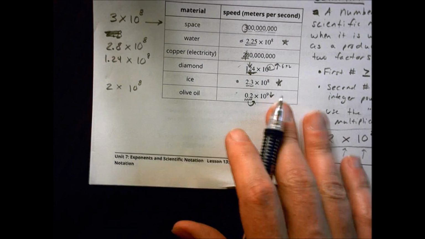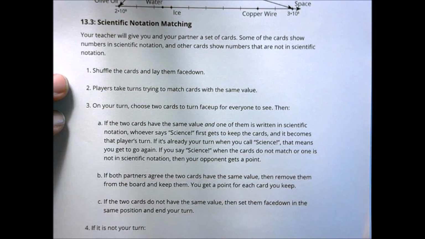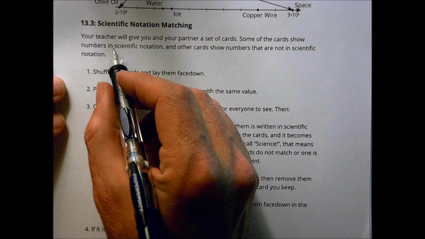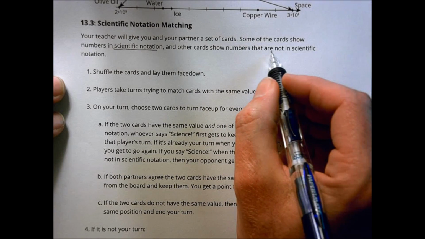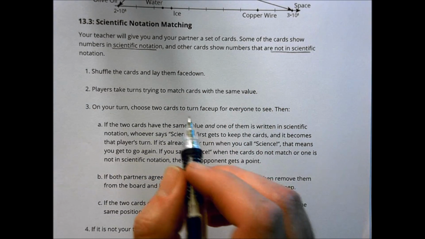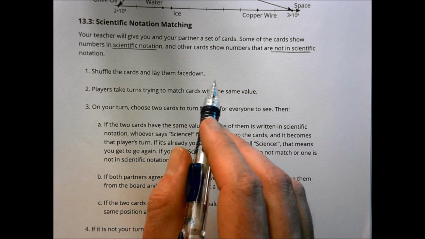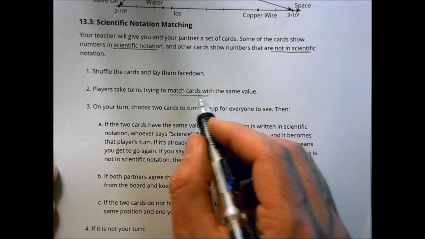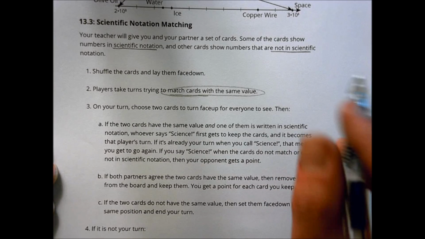Okay? Kind of cool. So the next activity really is for you to do with a partner, and it says here your teacher's going to give you some set of cards. The cards show different numbers in scientific notation and other cards that are not. So you want to take the cards, shuffle them up, lay them face down, and take turns trying to match the cards with the same value. So really it's just a great activity where you're going to try to make a match.